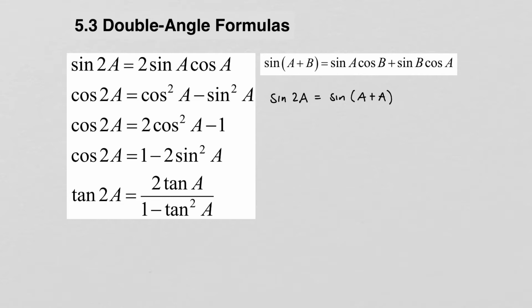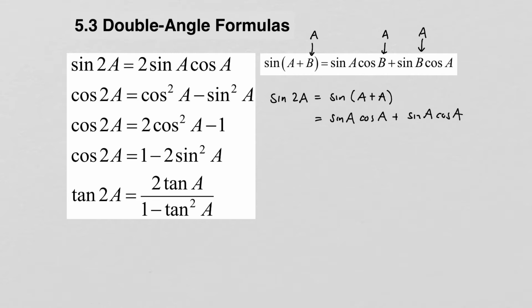And now all I'm doing is replacing angle B with angle A again. So in this formula, everywhere you see an angle B, you are going to replace it with an angle A. So the sine of A plus A is sine of A cosine of A plus sine of A cosine of A.